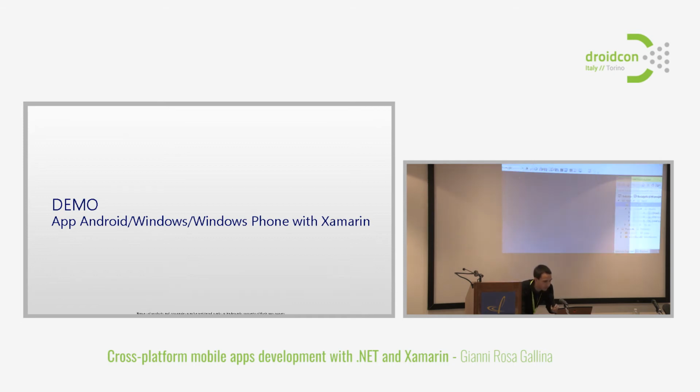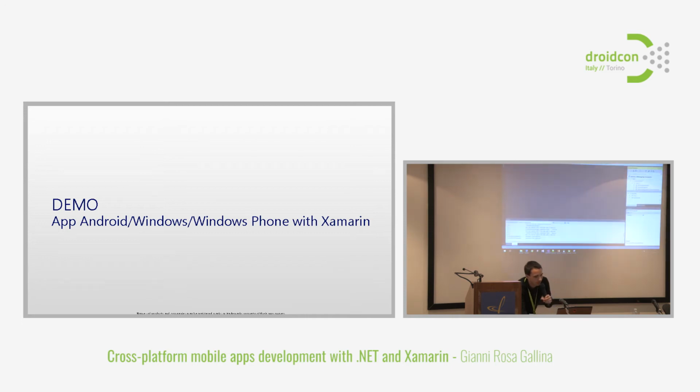Here we have just one library for each of the three platforms, another library for each of the three platforms, and also for the UI, we have one library shared across the platforms.